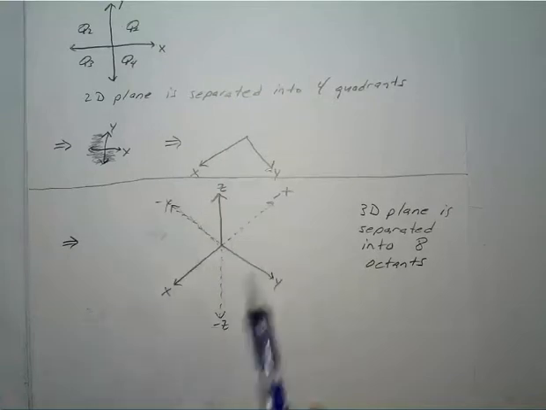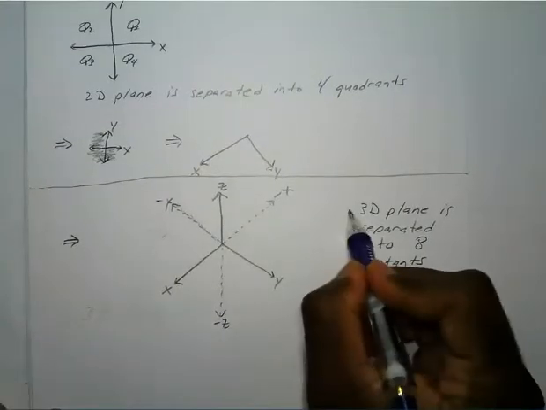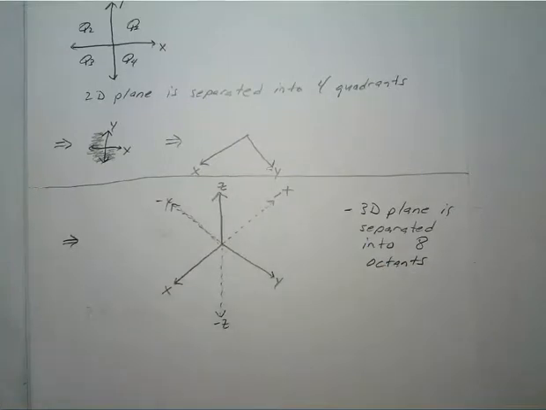So you have 8 octants here that you just separated this into. This is just an explanation, but most of our work will be done in that first octant. This is to give you a visual of what we're working with in 3 dimensions.